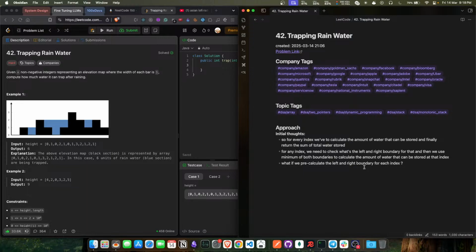How do we pre-calculate the right and left boundary for this? Let's see. Okay, but how to do this is the question.